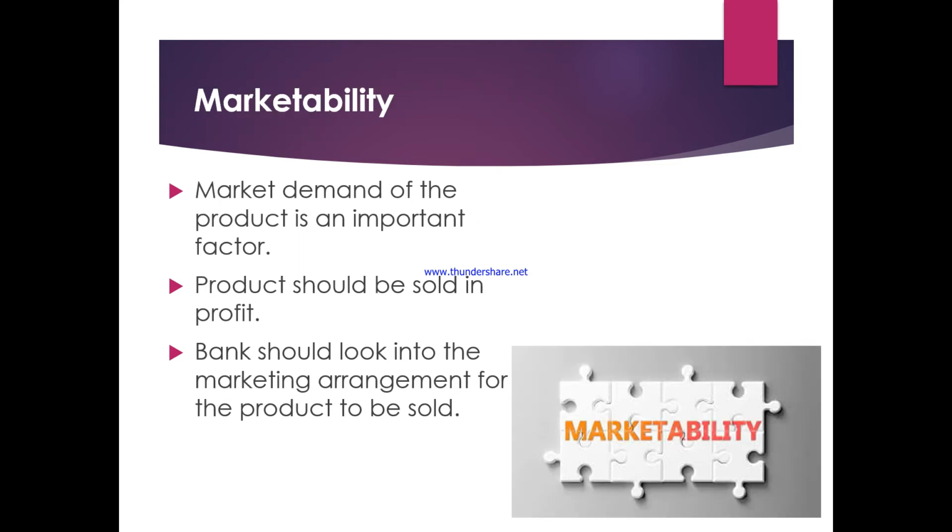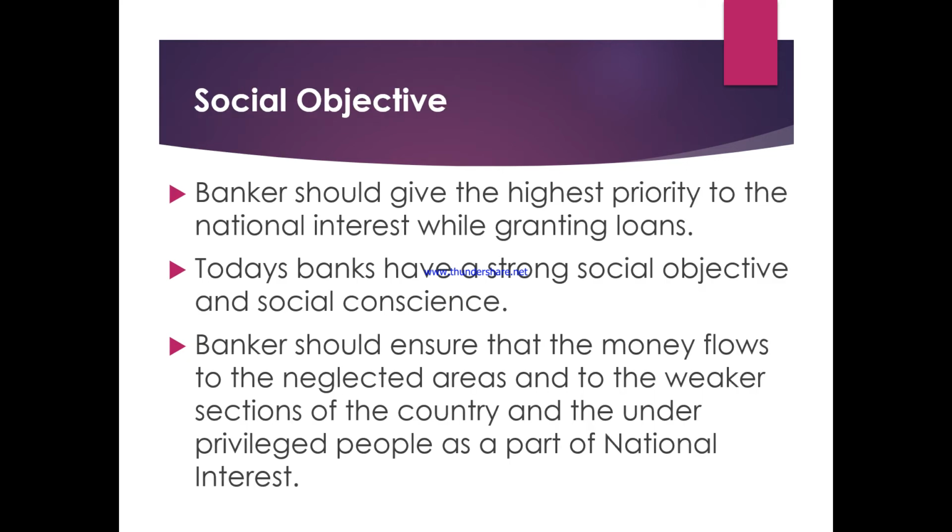Okay, let's go ahead. Then comes marketability. Market demand of the product is an important factor. The product should be sold at a profit. The bank should look into the marketing arrangements for the production to be sold. Social objectives. The bank should give the highest priority to the national interest while granting loans. Today's banks have strong social objectives and social conscience.